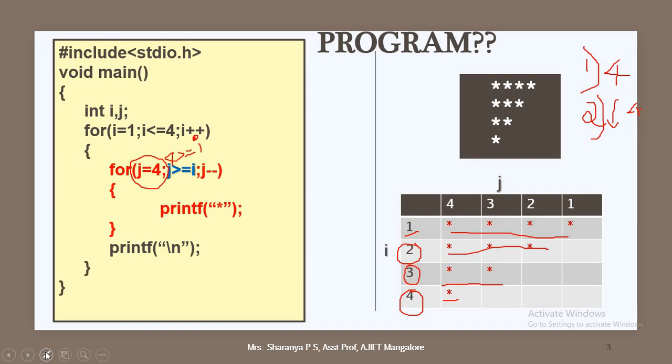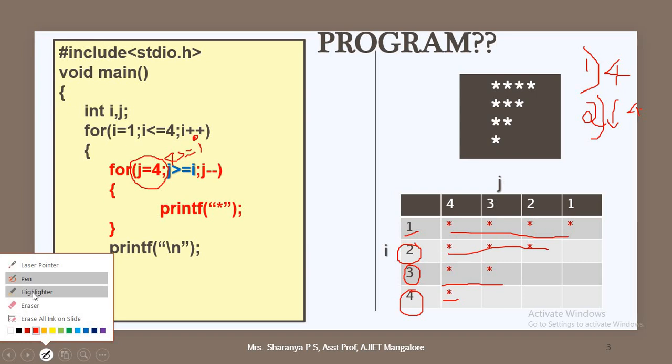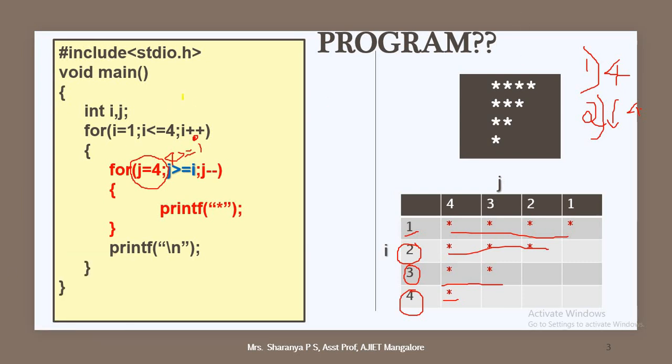If we analyze this code in detail, how will the execution proceed? First, with the i value 1, the outer for loop will begin. Next, the condition is true. The j value will be set to 4, because in the very beginning we want to print 4 patterns.